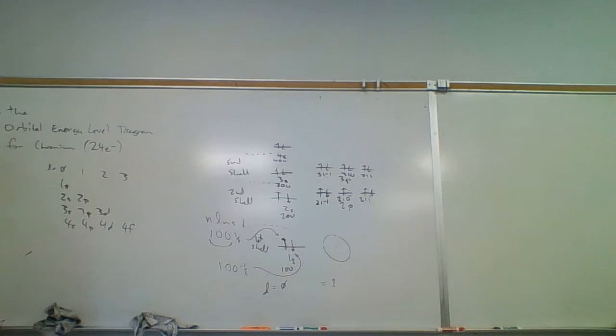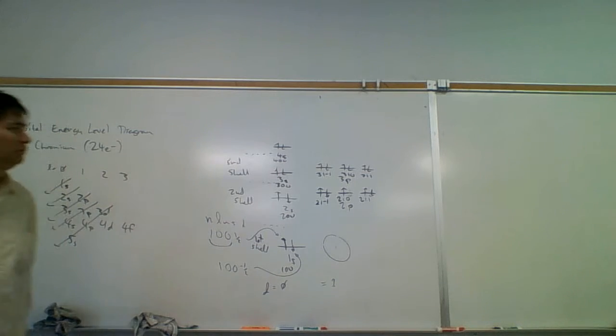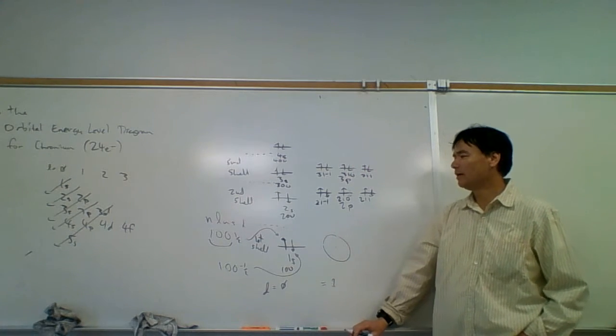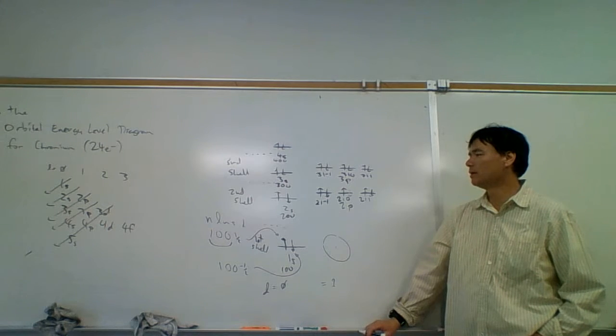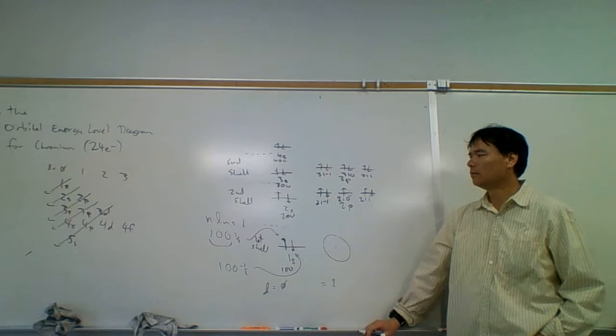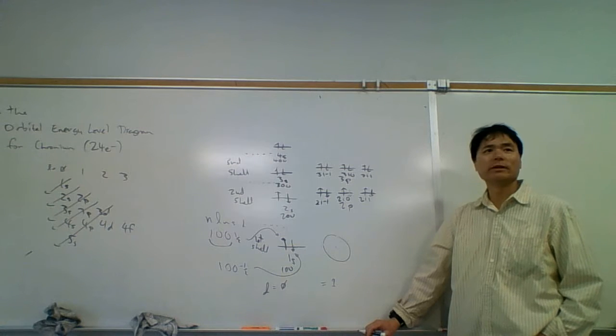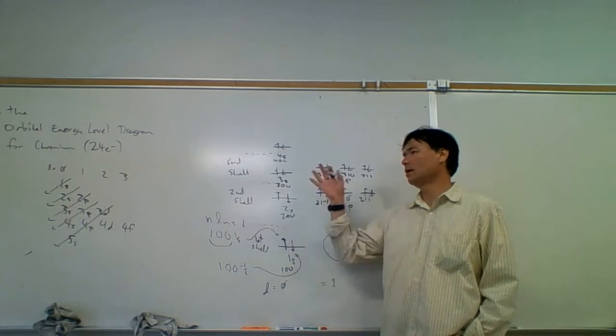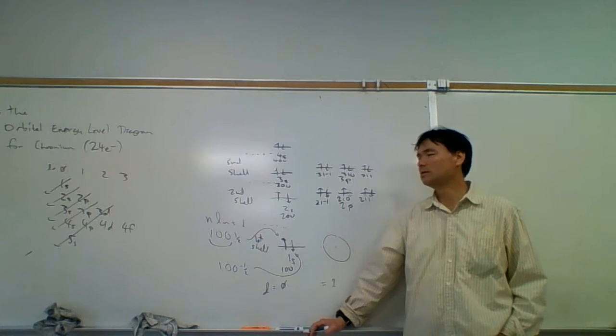Why can't the 3D go into the third shell? The 3D can't go in the third shell because there are quantum mechanical reasons for this. In Chem 1A, you'll learn more about this, but in Chem 4, we don't get into it that deep. And so the reason is because of the way the probability distribution is distributed.